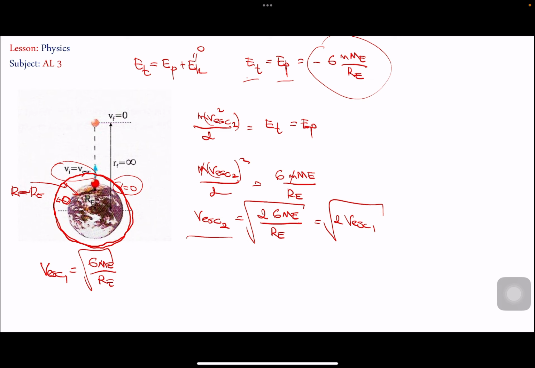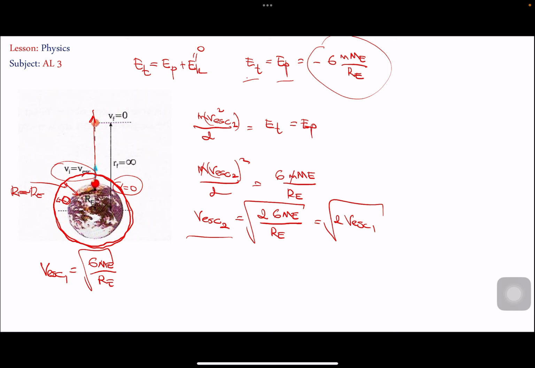But when I find escape speed 2, that's the speed you have to give to an object to release it and escape away to infinity. It won't go back. It will go to infinity, far away. So you can't hold it. It will escape from the gravity.